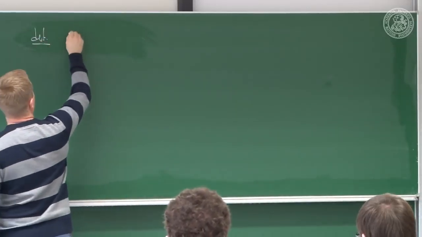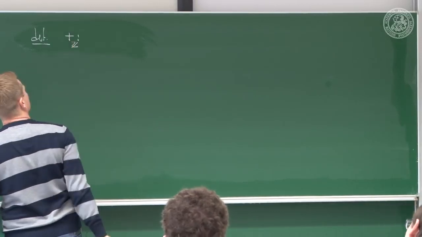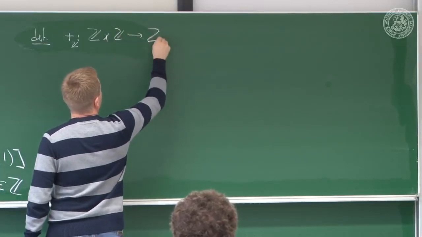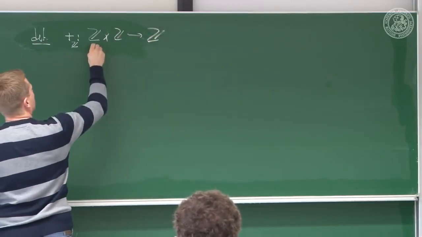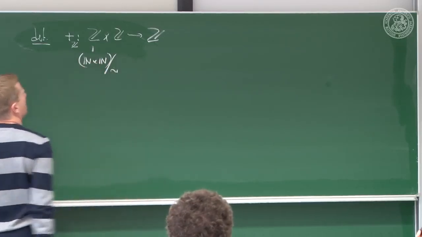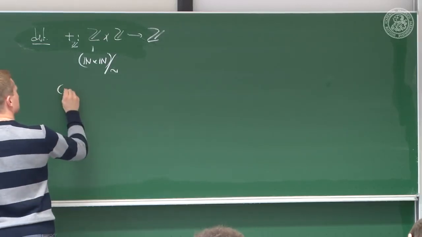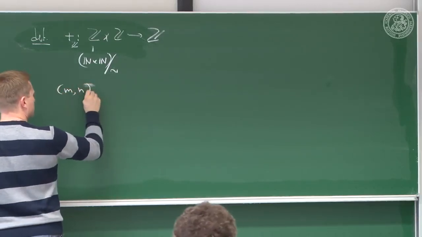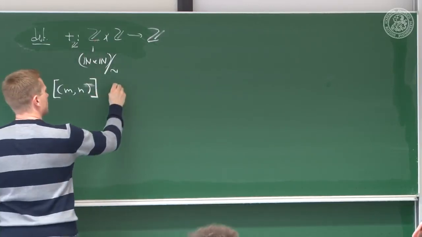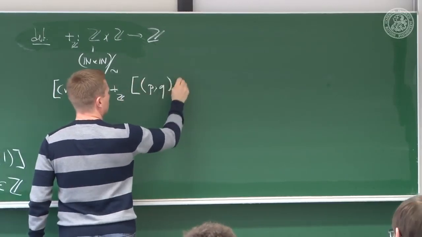So, definition. We want the plus on Z, the plus with subscript Z, from Z cross Z to Z. But we know that Z is N cross N, the Cartesian product, modulo twiddle and so on. So what we actually have to write down is [m, n], the equivalence class of this, because that's an element of Z, plus_Z the equivalence class of [p, q].